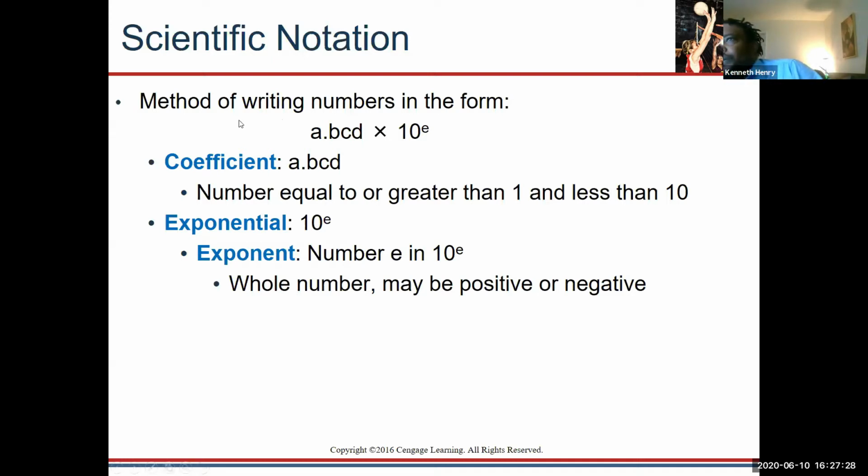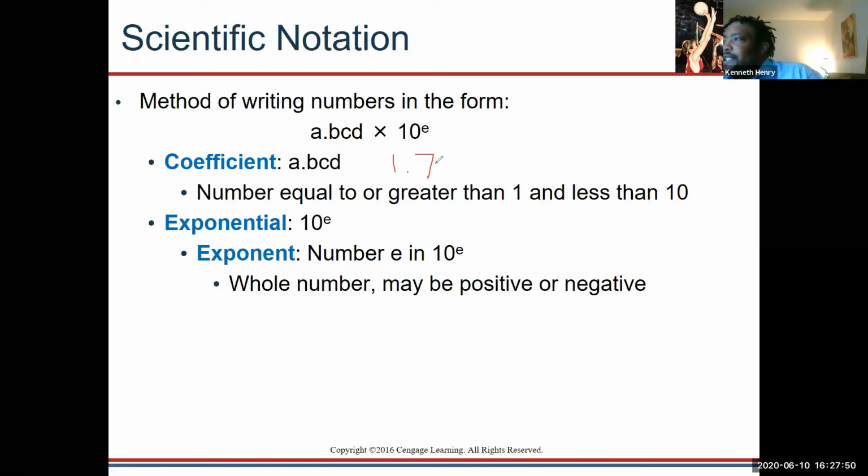This is the general format for scientific notation, where you have one digit, the A represents the first digit, and then B, C, and D represent the other digits. For instance, we have 1.765.